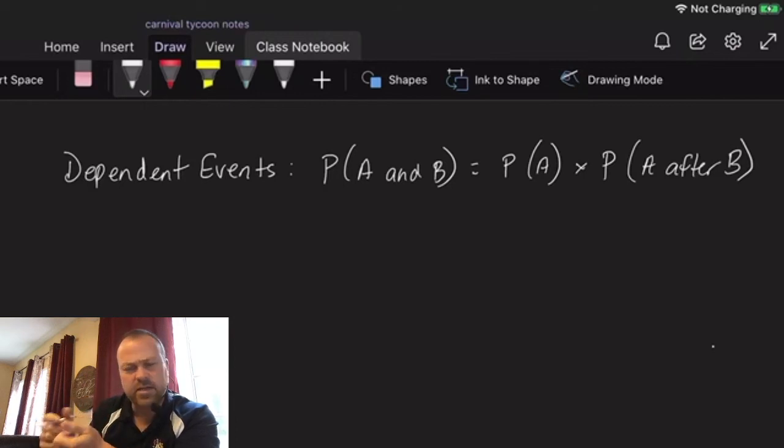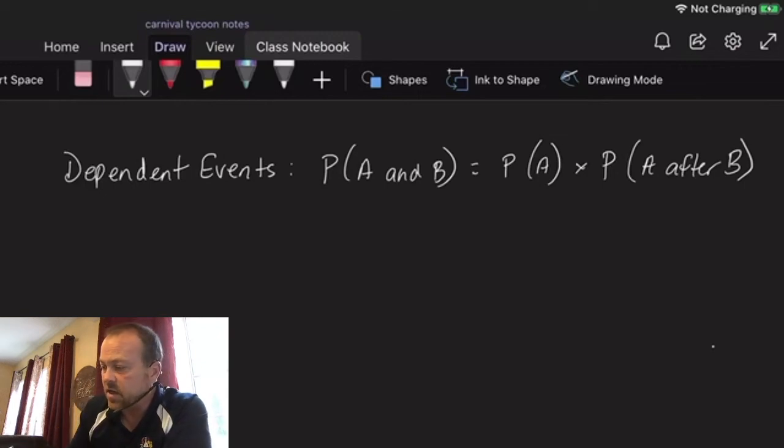So what if we pick a joker out of the cards, and then we wanted to pick another joker out? Well, picking the first joker actually affects the likelihood of picking the second joker because we've changed the number of cards in the deck and we've changed the number of jokers.